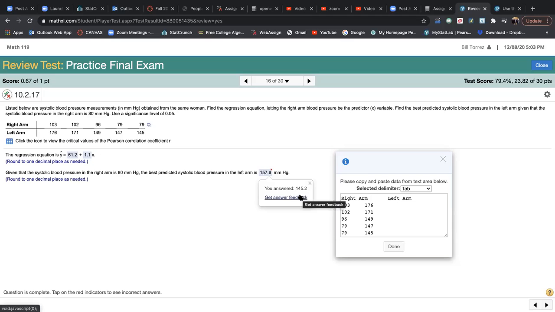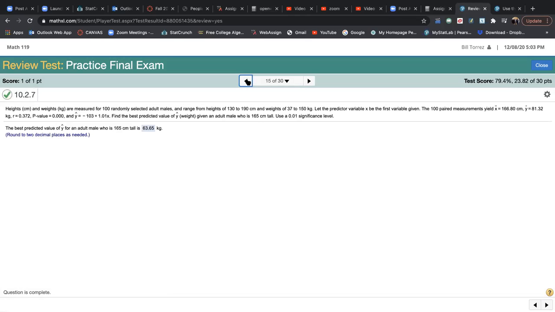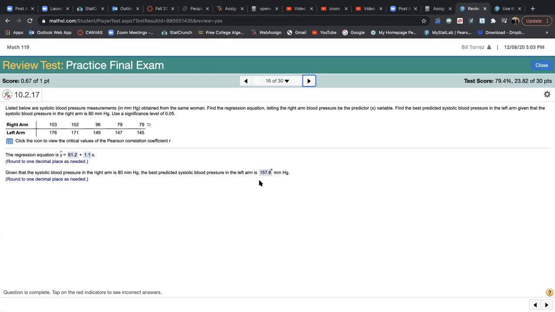I would consider 149.2 the correct answer. Simply, as we did in number 15, remember how we did 15: we inserted the 165 as X, we calculated Y hat, and we get a value of 63.65. We're doing the same thing in number 16.